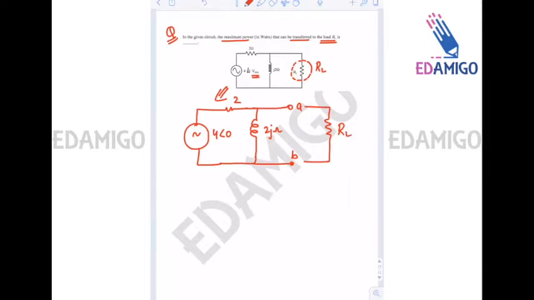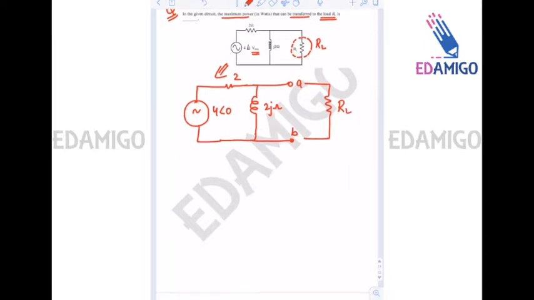Right now, if we find the equivalent of this circuit between terminals A and B, then we can see that VTH is equal to VAB.